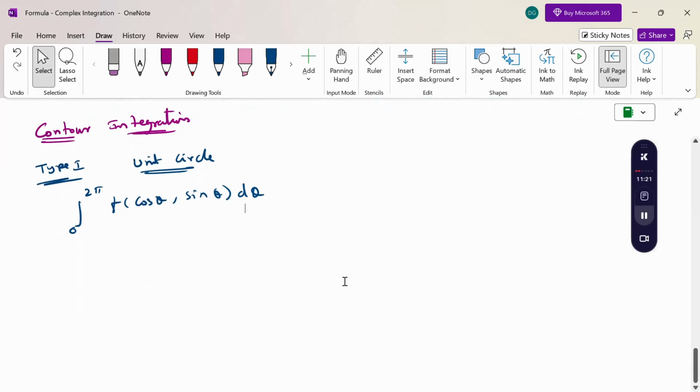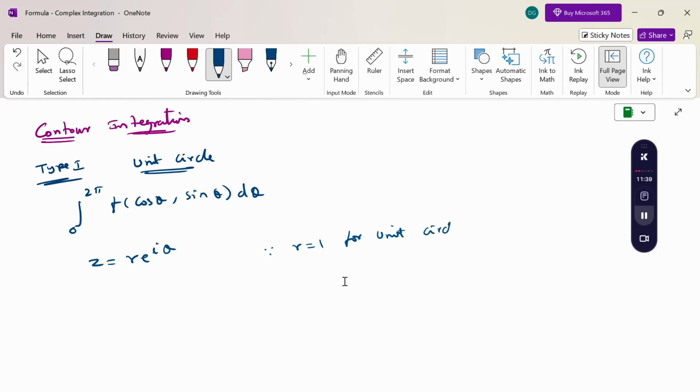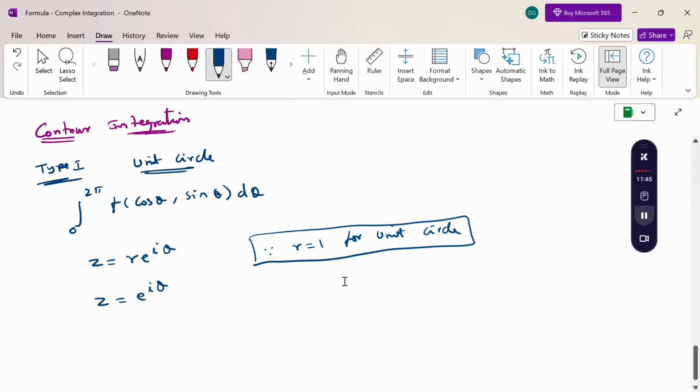Here z equal to r e power i theta, because x equal to r cos theta, y equal to r sin theta. This is the short form z equal to r e power i theta. Here r equal to 1 because of the unit circle. Unit circle means radius 1. So therefore z equal to e power i theta.